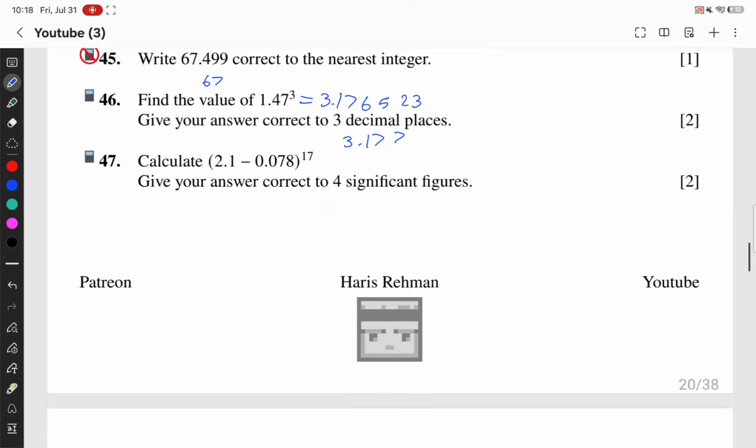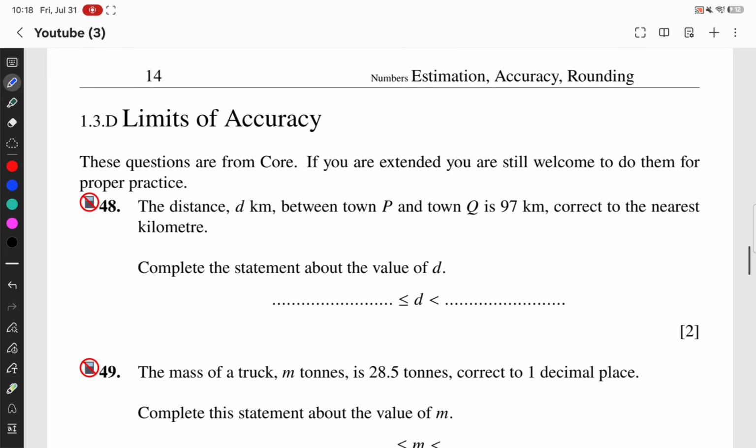Sometimes you may have to use the calculator. I have not looked at this properly, but you may sometimes come into the issue of using a calculator.